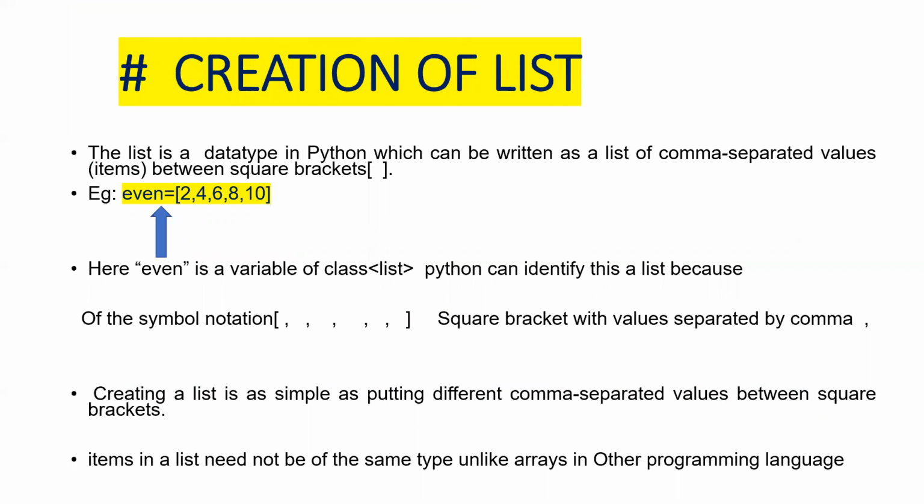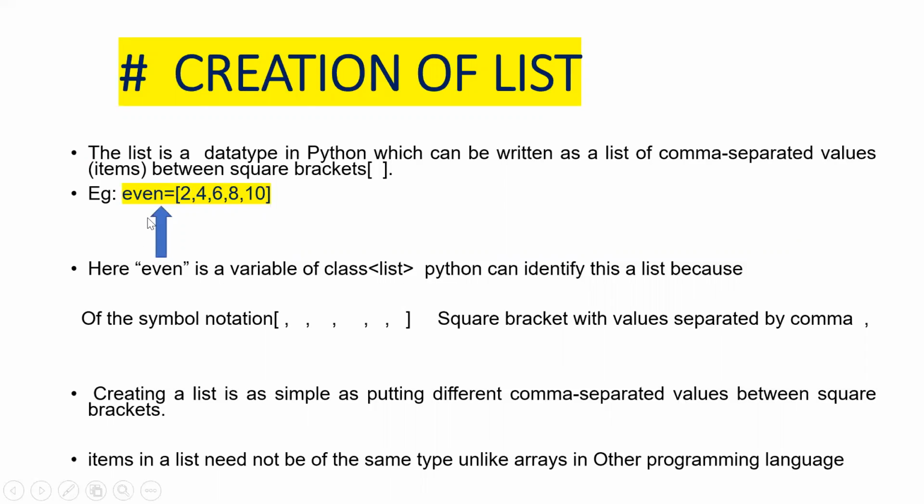Now let's learn how to create a list. A list is a data type in Python which is written as a list of values separated by commas. See this example.